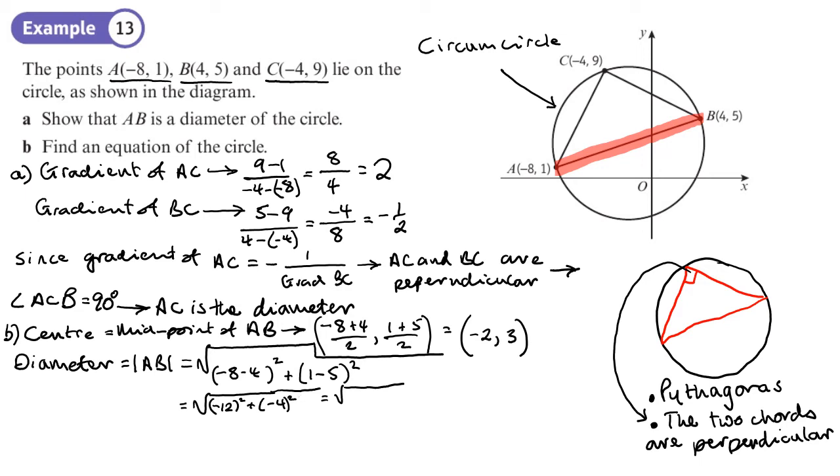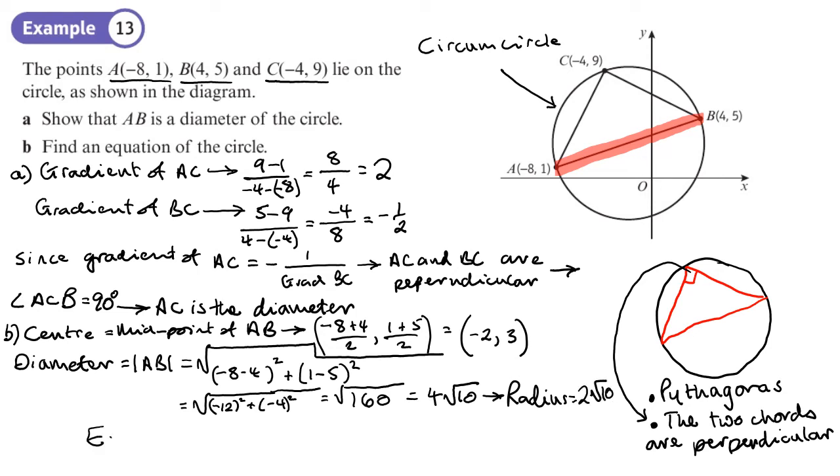It's 160. Let's see if that simplifies. Square root 160 is 4 root 10, which means the radius is half of that. So the radius is 2 root 10.